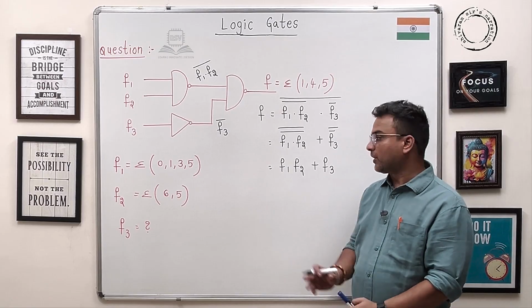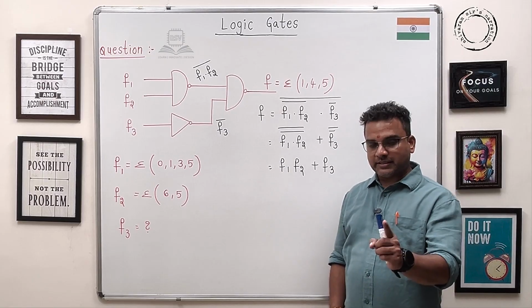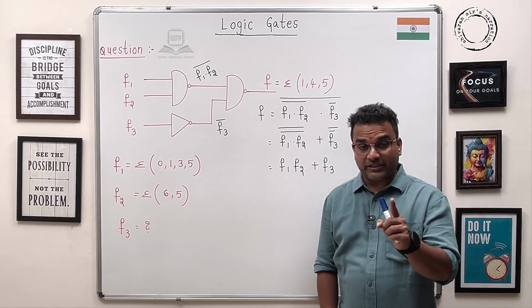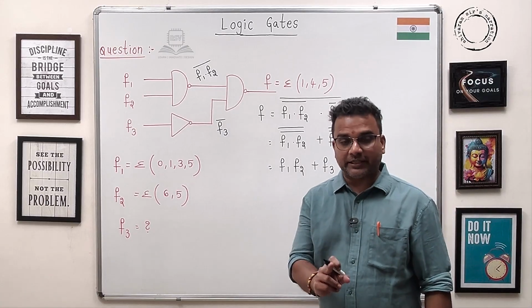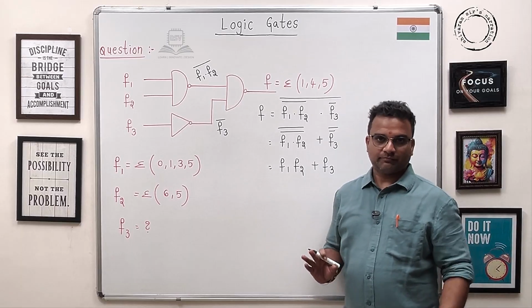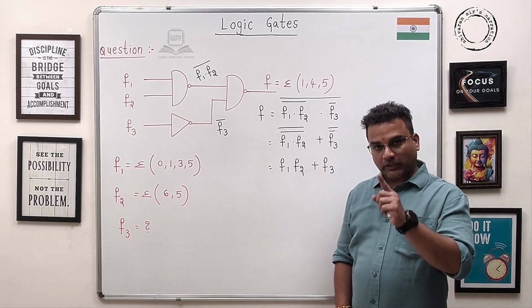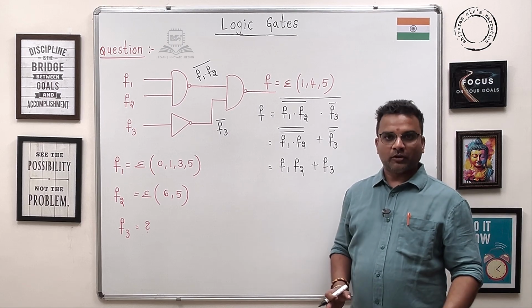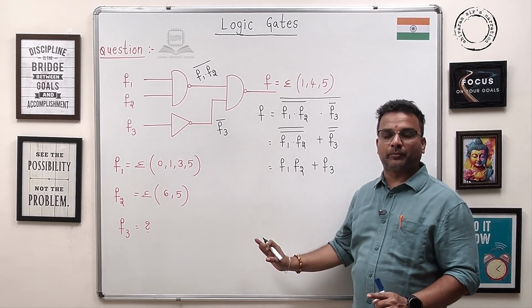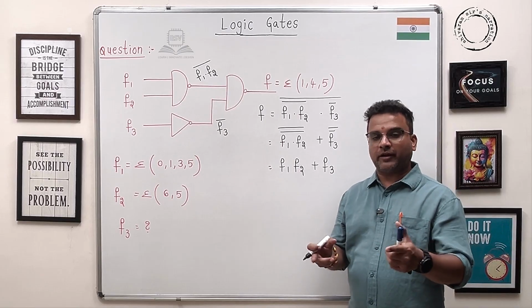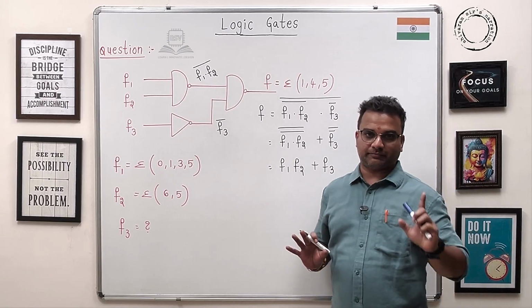Again I am telling you, if it is F1 into F2, consider AND operation. If it is F1 plus F2, consider OR operation. There is a similar model also, which we are giving in the description. You can watch the same numerical model in a different way using XOR gate.